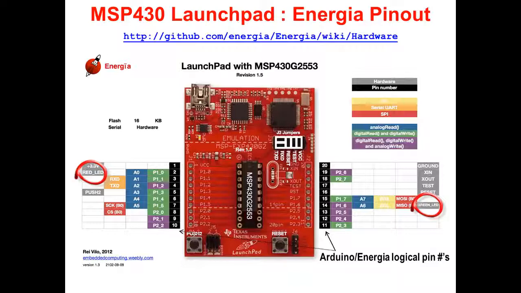The blue ones, A0, A1, A2, up through A6 and A7, are the analog read, which is basically the A to D converter. This processor has a built-in A to D converter, and those are the pins actually mapped to the inputs of the A to D converter. And then the orange column, RXD and TXD for example, is the serial UART.